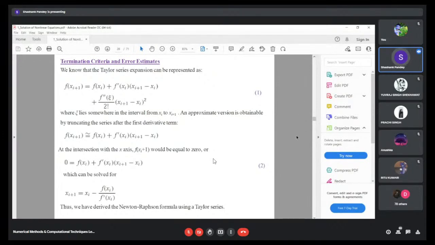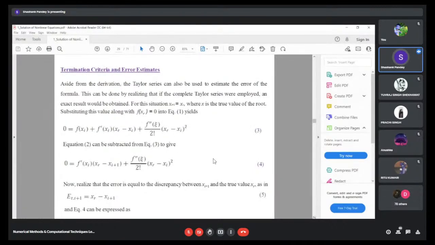So if we subtract equation 2 from equation 3, then we are left with something given by equation number 4.